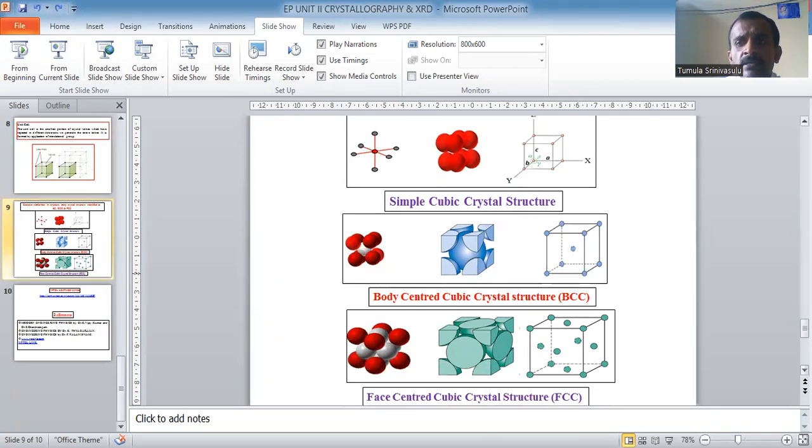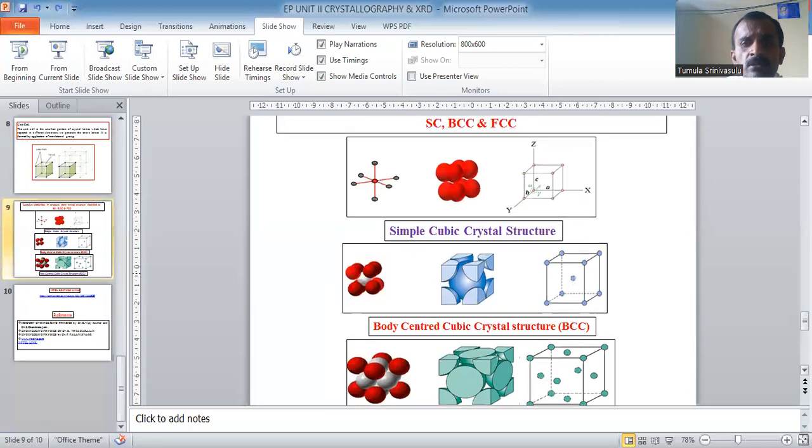Here are the diagrams of simple cubic crystal. In a simple cubic crystal, every unit cell has atoms at its corners only. If any unit cell has atoms at its corners only, then that structure is a simple cubic crystal structure.